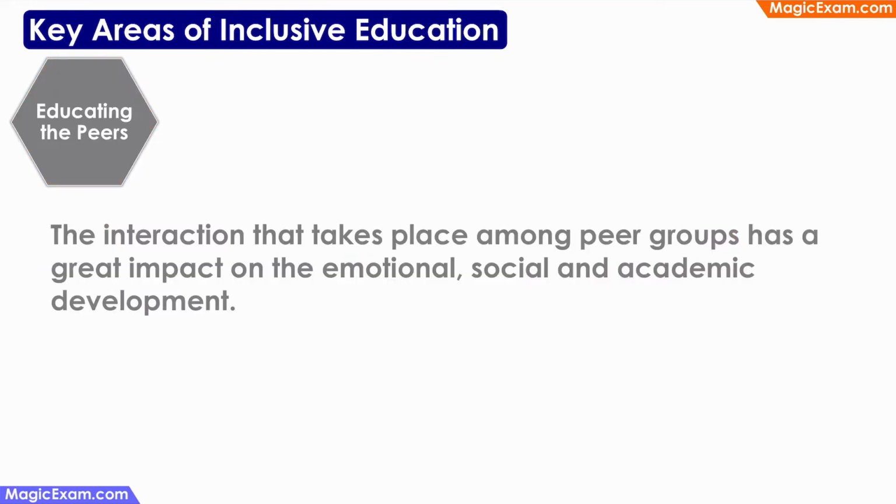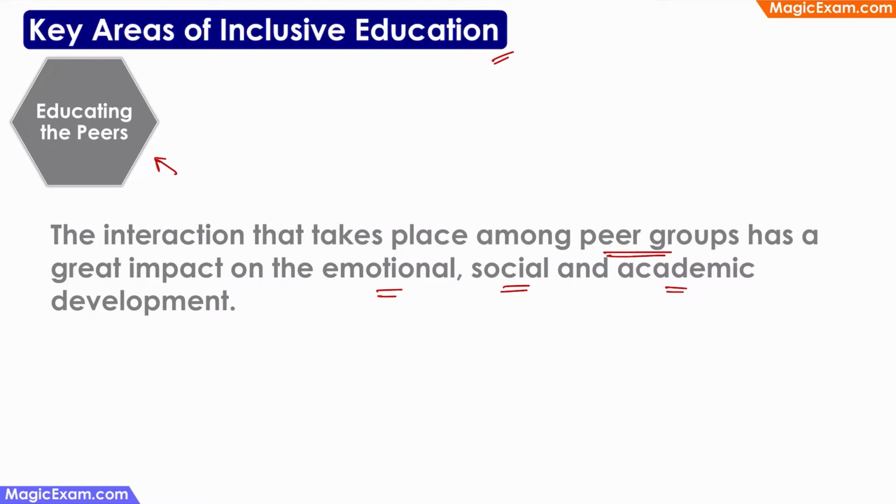Another key area of inclusive education is educating the peers, because the interactions that happen among the peer groups, that is between the students in the classroom, has a very great impact on the emotional, social and academic development of children. So while the objective is not to make them into experts, children should be aware of various aspects of diversity in the classroom, about the different backgrounds that children come from, and the implication of some of the disabilities that some of their classmates might have.